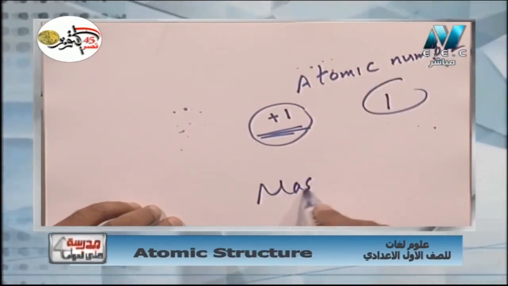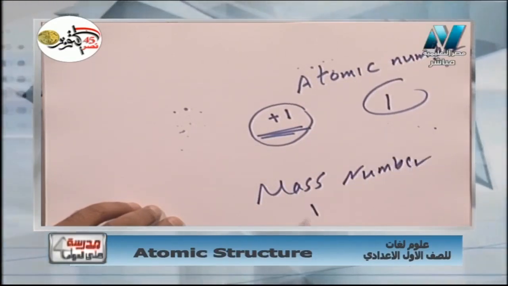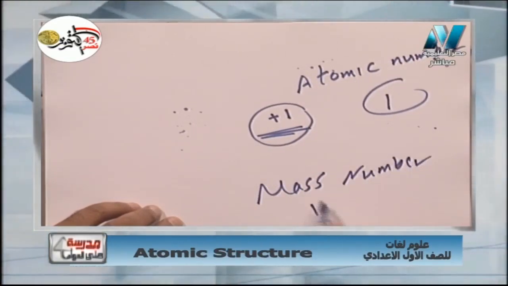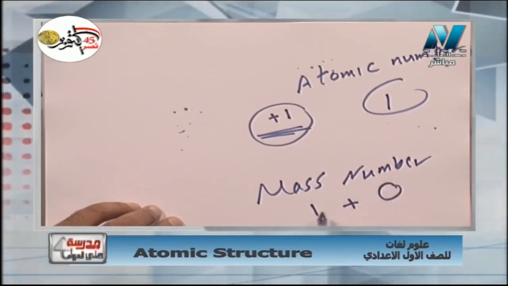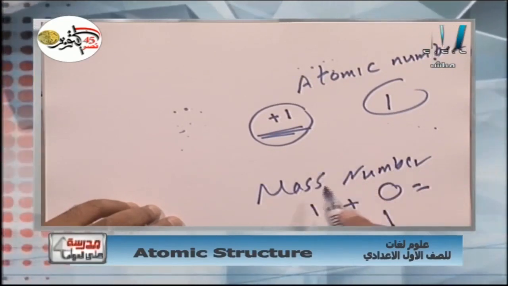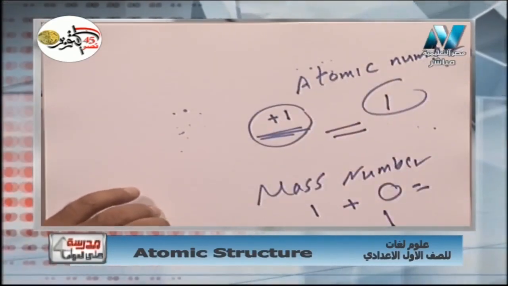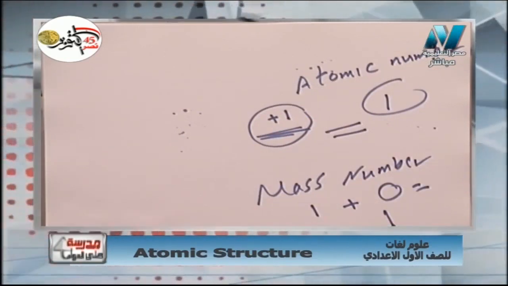And mass number is what? It is the atomic number, or number of protons, 1, plus the number of neutrons, 0, so it will be 1. This is the only case where mass number equals atomic number, if it is a hydrogen atom.